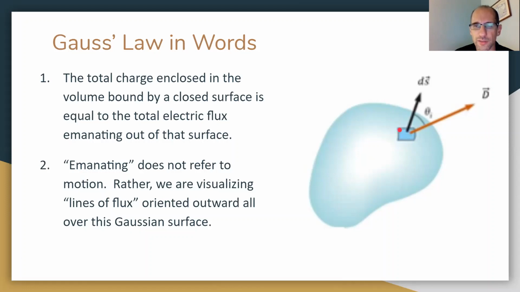So if you take this little differential window area here, and you look at the electric flux density at this area multiplied by this differential surface area, and you integrate that over the entire surface, then that would be equal to the total charge enclosed by the surface. The total electric flux will be equal to the total charge enclosed. And they're equal in units as well. The unit for charge is coulombs, and the unit for electric flux is coulombs.